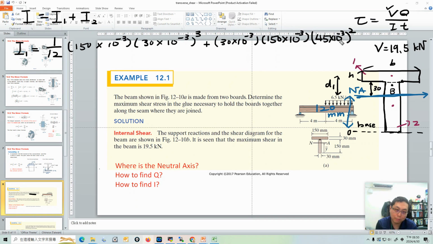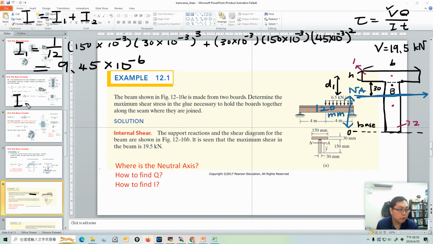In my notes I call area 1 as 2, so I got a little confused. Okay, sorry, I'll just give you the answer. It's 9.45 times 10 to the power minus 6. That's the moment of inertia of area 1.